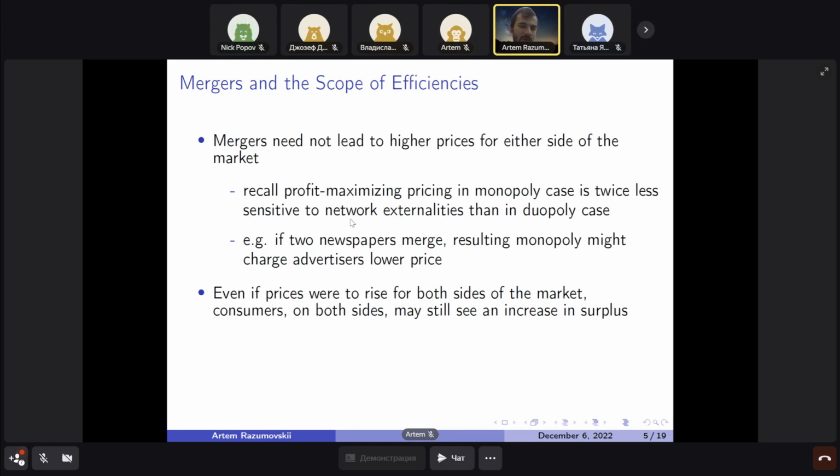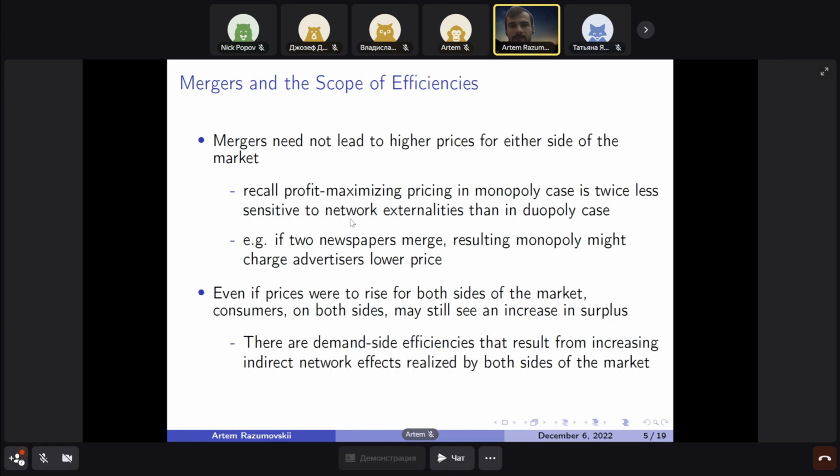Yes, because maybe you had one platform which was specialized on some specific group of agents, and then they could use this group to make a profit, but now they focus on the entire market, so they will focus mostly on network effects. So it could be the case that prices will not rise on both sides as well.